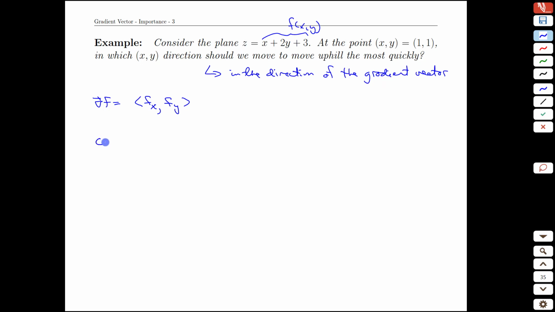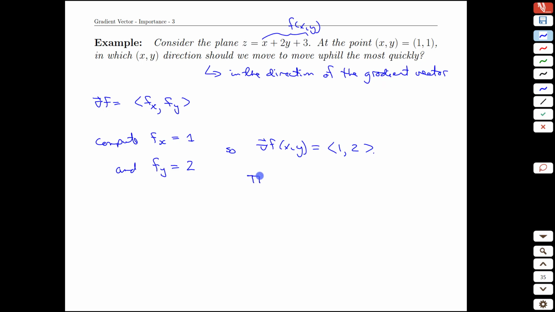So we can compute those partial derivatives. We scan across. x is the variable for the x partial derivative, which is going to get 1. And f_y is going to equal 2. So the gradient of f at any point (x, y), turns out to be nice and simple for this, is going to be (1, 2). All right.